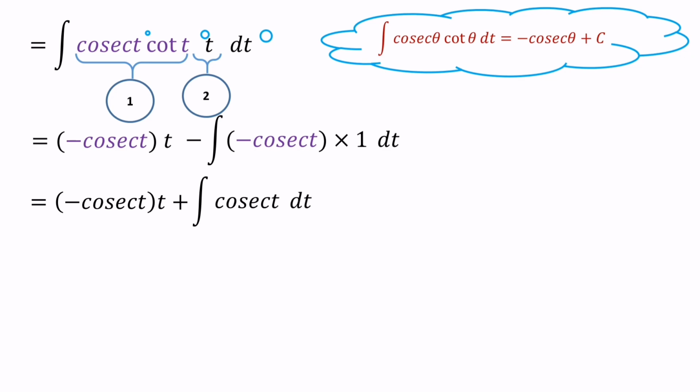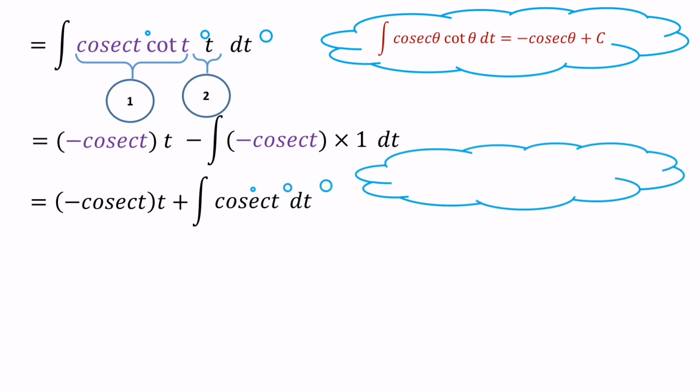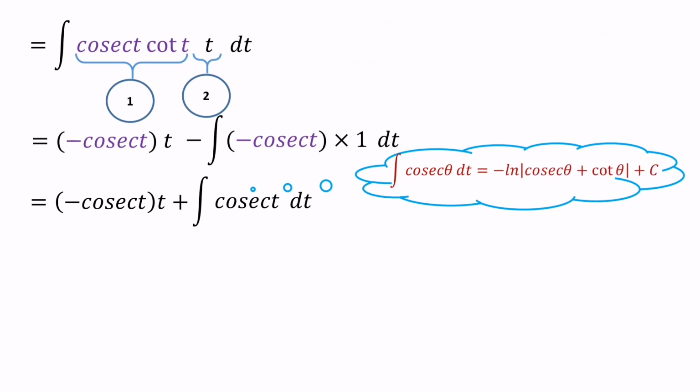We know the integral of cosec theta is equal to minus ln modulus of cosec theta plus cot theta. So we get the answer as minus cosec t into t minus ln modulus of cosec t plus cot t.